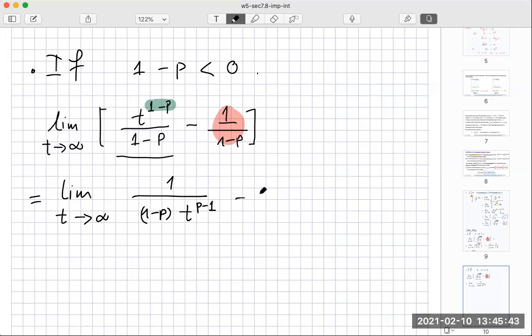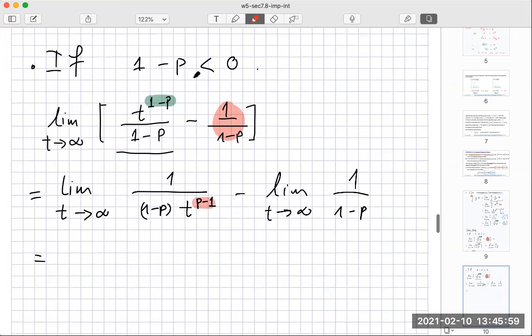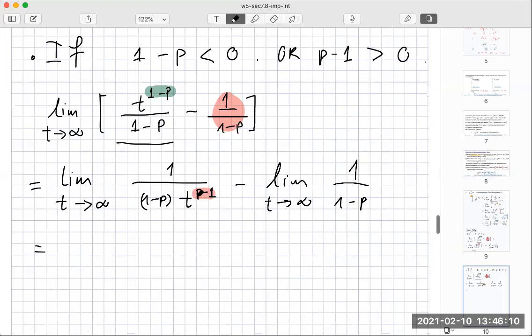So again, the power now, because 1 minus p is smaller than 0, or p minus 1 is larger than 0, right? The same thing. Then 1 divided by a number times something getting big here, right?